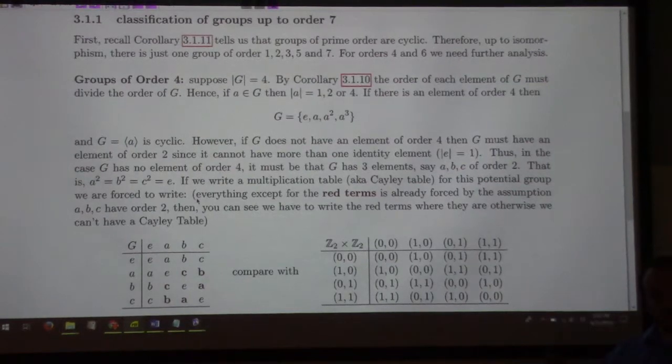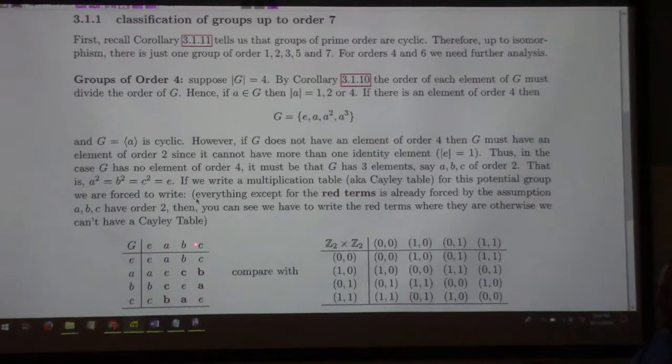The identity is unique. The only possible divisors of 4 are 1, 2, and 4. If it's not cyclic, it doesn't have an element of order 4. By process of elimination, we must have more than one element of order 2. In fact, you have to have 3 elements of order 2, because you can't have an element of order 4 and you can only have one identity.